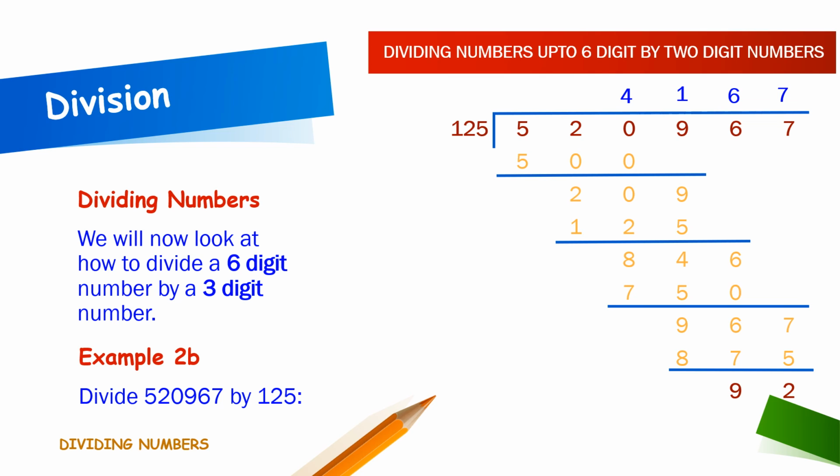So dividing 520,967 by 125 gives 4,167, which is the quotient in our example, remainder 92.